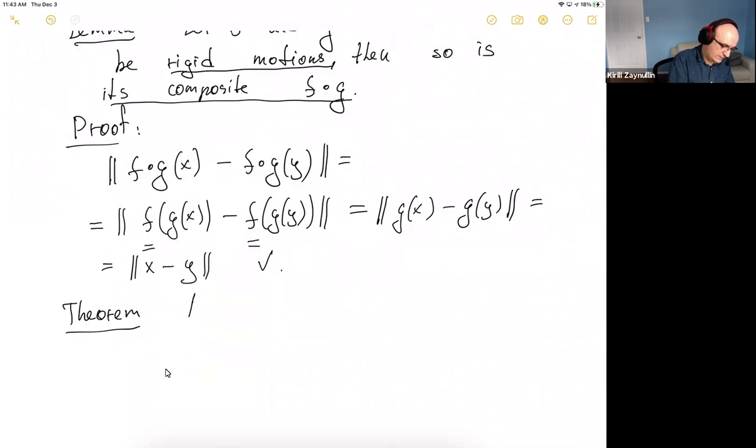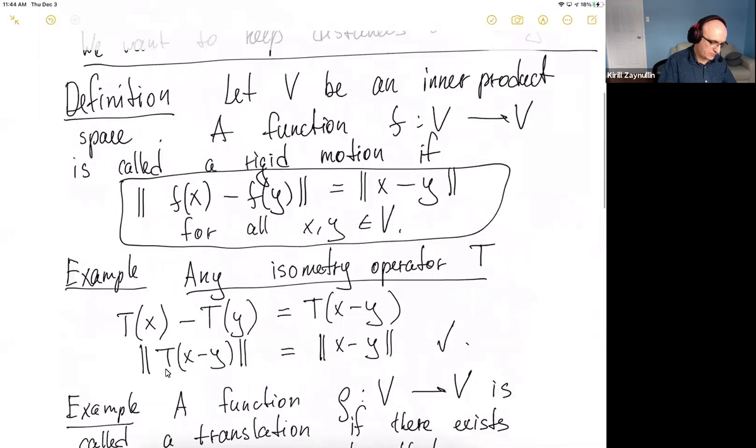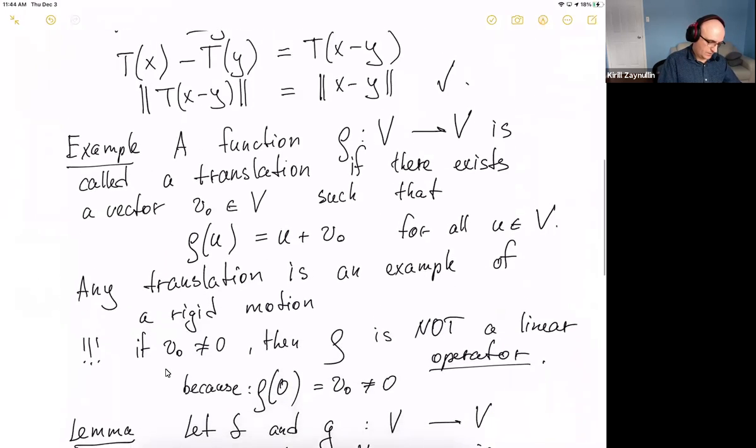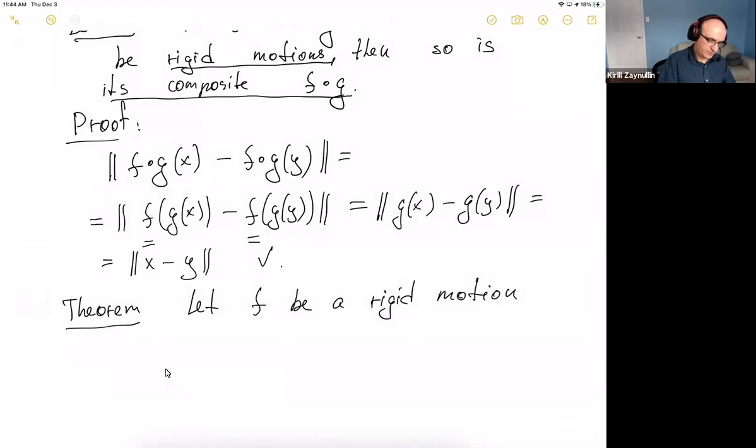Okay, so let F be a rigid motion. Of course, everything here is happening on a finite dimensional vector space. Maybe I should mention it. Let V be a finite dimensional inner product space. And so, let F be a rigid motion.